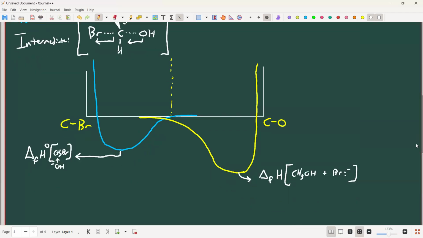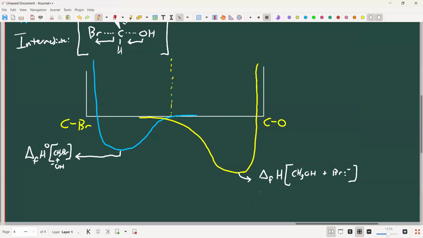And they're going to be negative. This one's negative because the overall reaction is exothermic. This is a product favored reaction. OH wants to replace Br because Br is a better leaving group than OH. Remember, the weaker conjugate base is always the one that's preferred, and of course, bromide is a weaker conjugate base than OH.